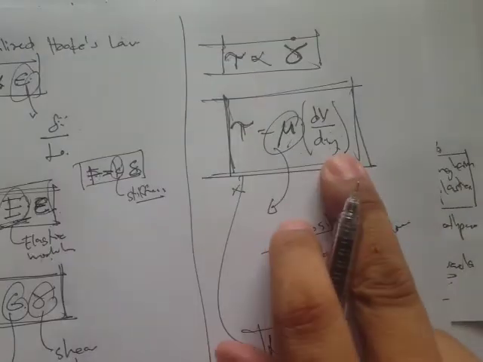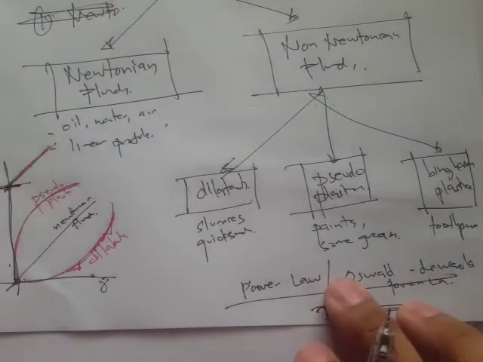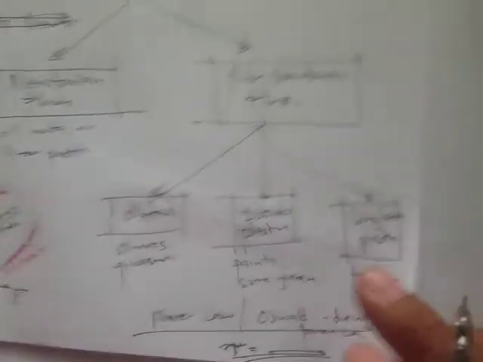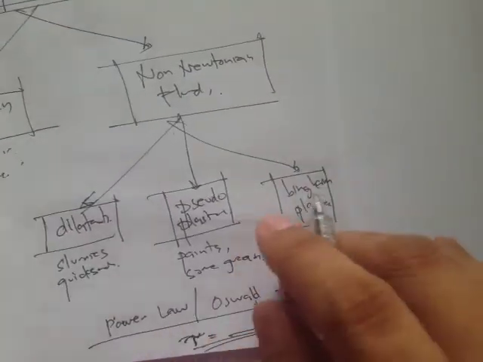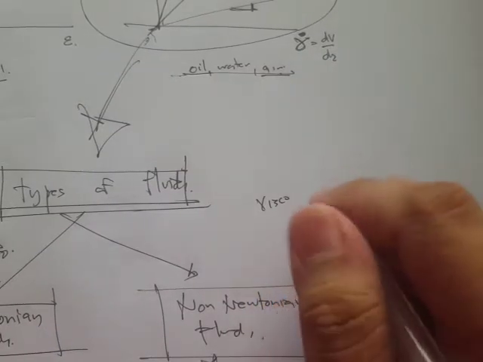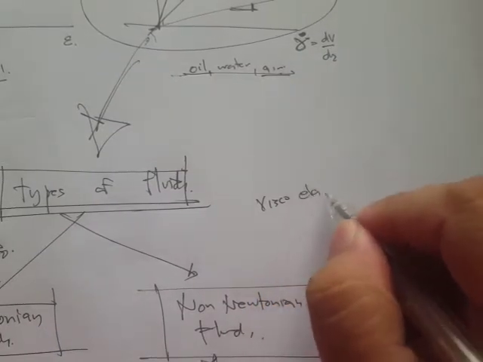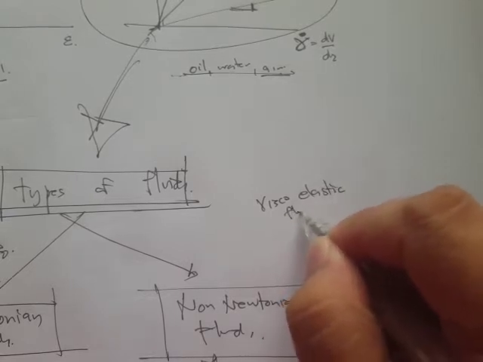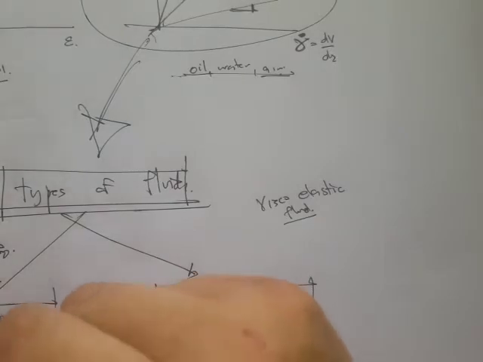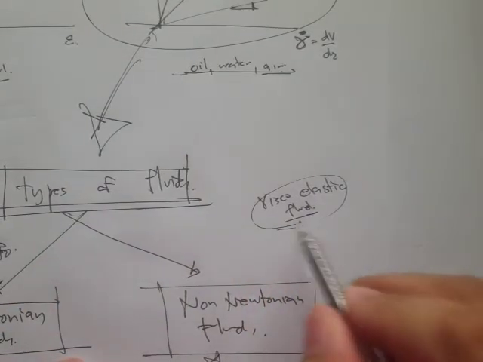This one is linear for Newtonian fluids, and this one is non-linear. There are still other types of fluids, like, for example, the viscoelastic fluids, something like a gel, a food gel or something.